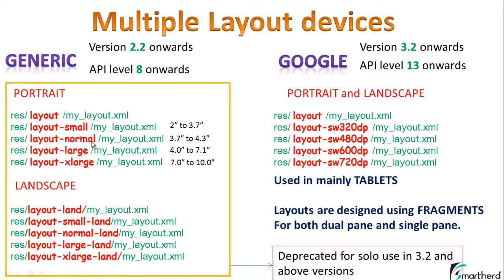All this data that you can see here for generic and Google phones, for use of these layouts as fragments in tablets, I have collected from developers.android.com, and I am going to leave the link of those websites as a comment below my video. So if you want any further details, please click on those links and go to the official website developers.android.com and check it out. So in the next video I am going to design our layout using these 10 folders.